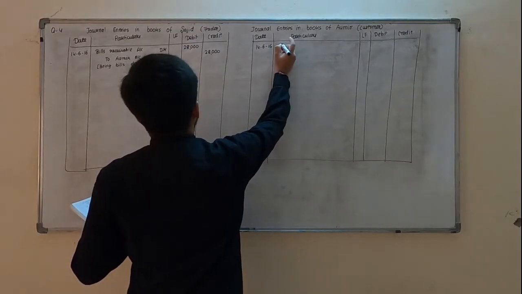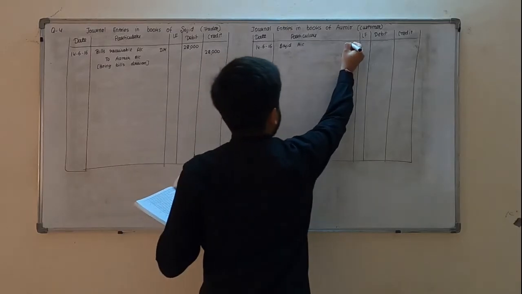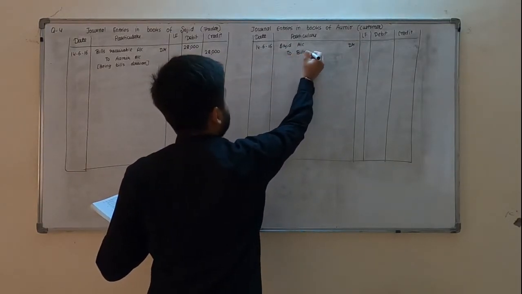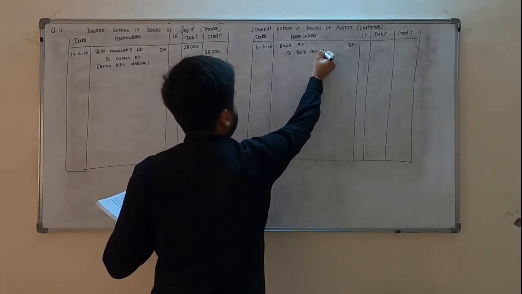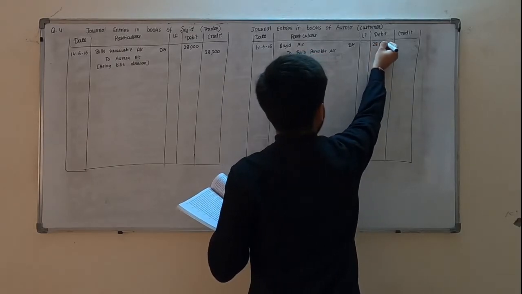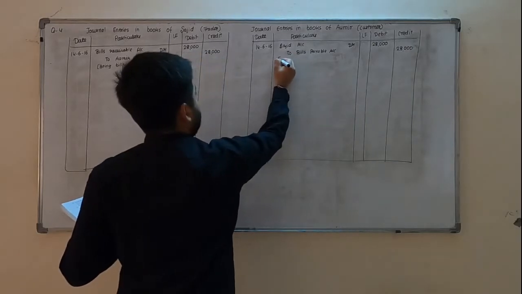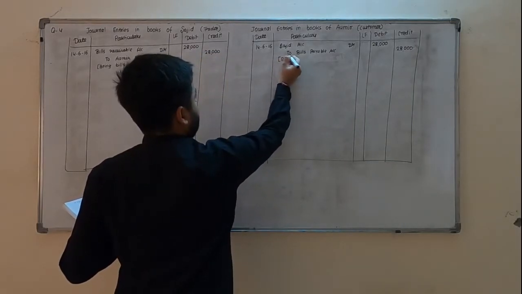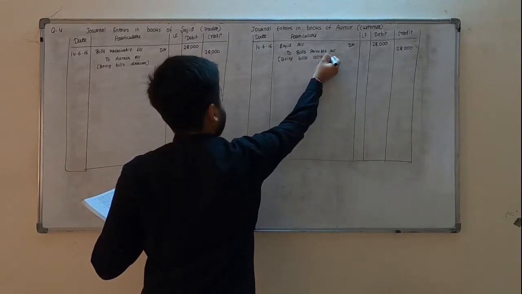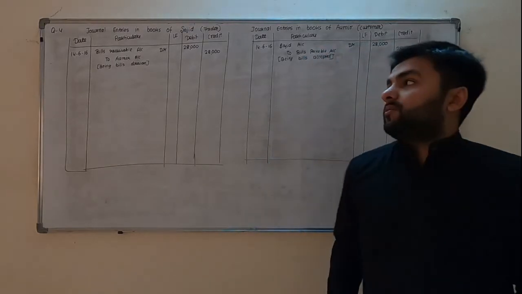The name of Sajid. Sajid account debit to bills payable account, and the amount 28,000, being bills accepted. Okay, so directly the sum is started by drawing the bill.